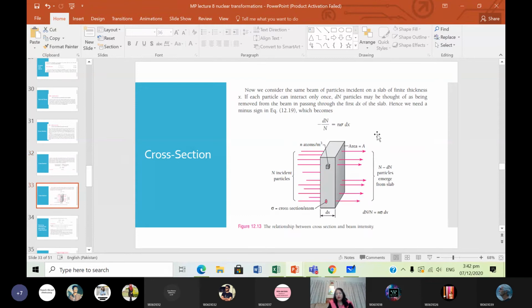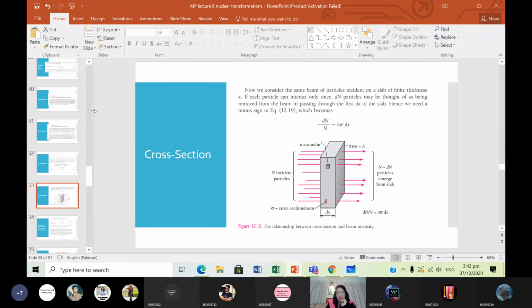If you look at this diagram over here, A is this area here. That is our target area. N atoms per unit meter cube will be given by N, which is the number of atoms per meter cube. You have to multiply that by the total volume of the slab, which will be what? A times NA times dx.